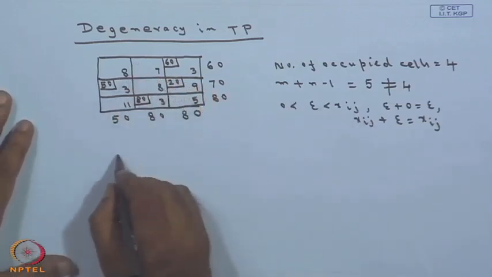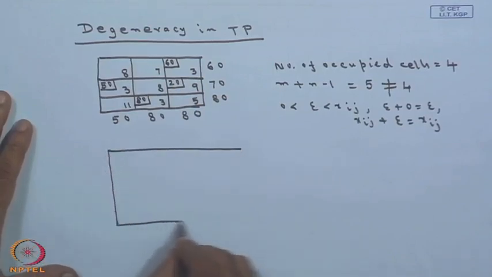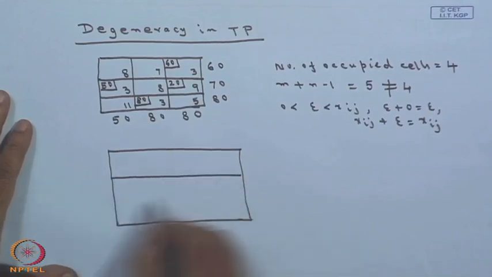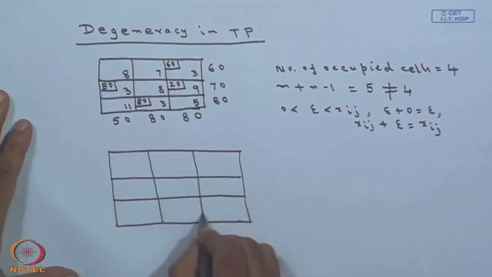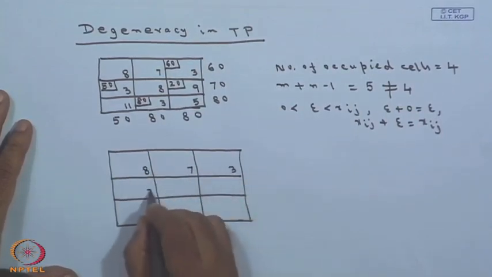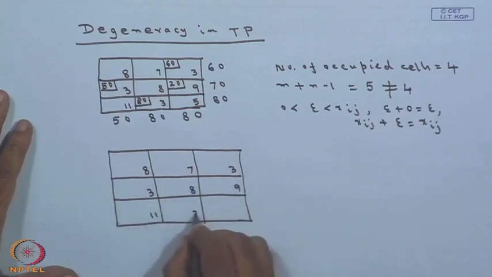Say in this table, we are drawing it now in a little bigger form. You have 3 rows and 3 columns, with values 8, 7 and 3, then 3, 8 and 9, then 11, 3 and 5.